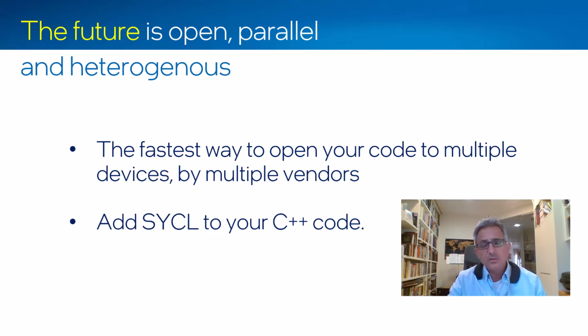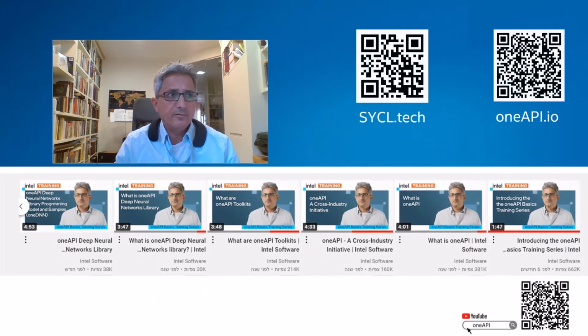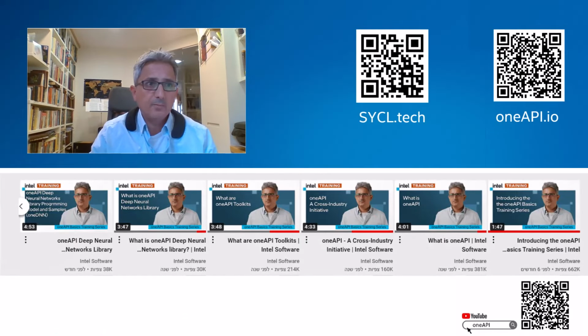I've shown you how to use library functions, how to do direct programming, how to take CUDA code and convert it to C++, and how to use Intel oneAPI tools to analyze the code, to get advice on vectorization, on offloading, and so on. I think it's a pretty powerful tool. More information you can find at sycl.tech or at oneapi.io.